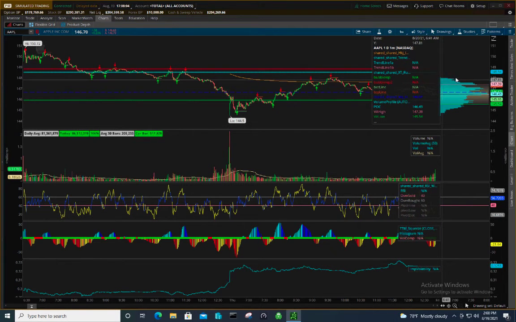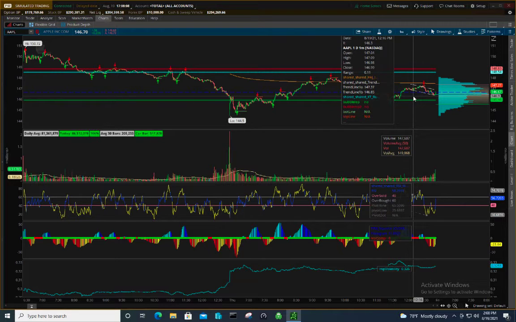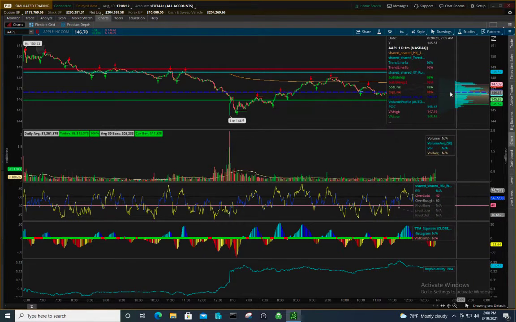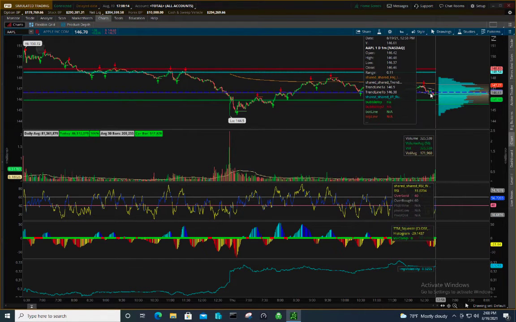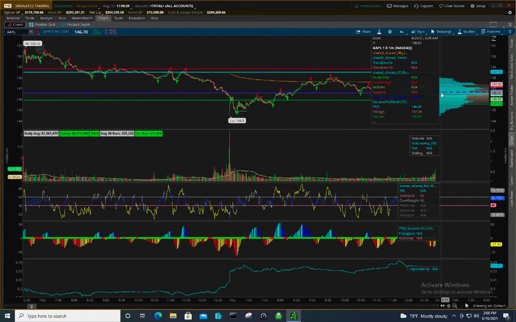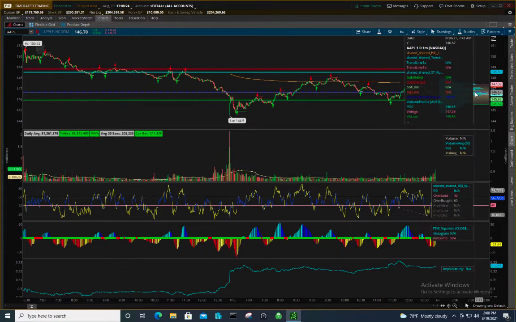And then you see this volume profile on the right. So what basically this volume profile means is how much stock is trading at a particular price, how much volume there is for this particular price range. So for 146 there was a lot of volume.